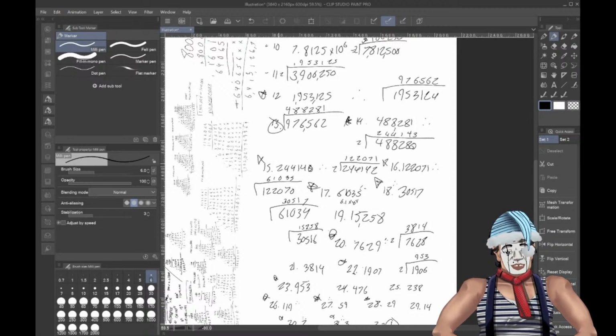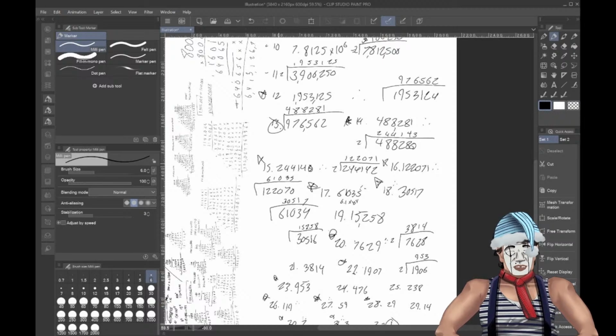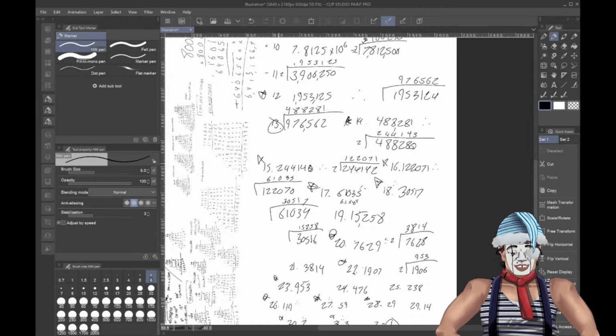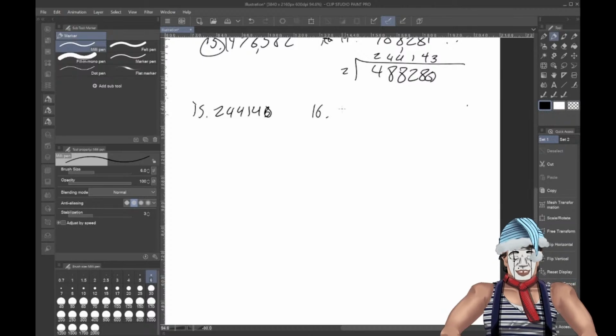Cut in half is 30,517. Yeah. Odd game again. 18. Game 18. What are we left with? 310,36 cut in half is 18. Right? Yeah, that's right.